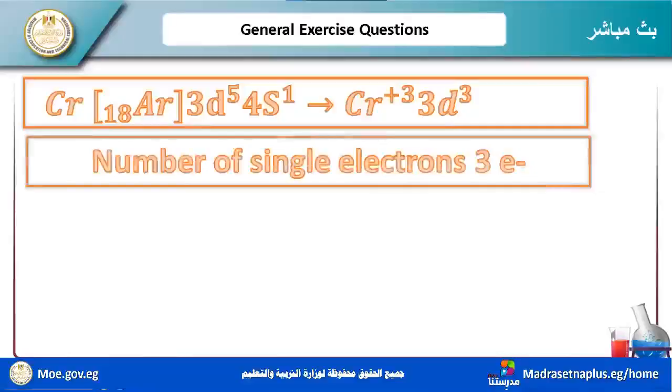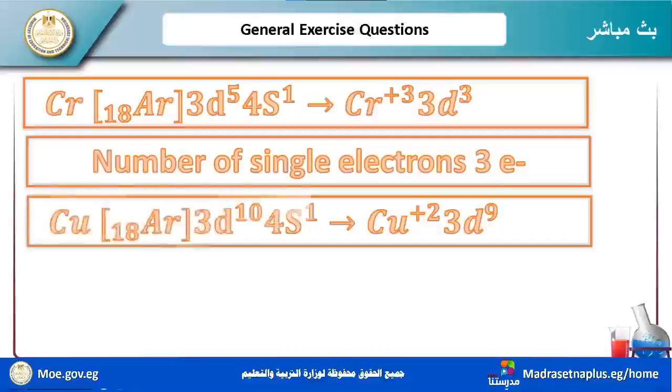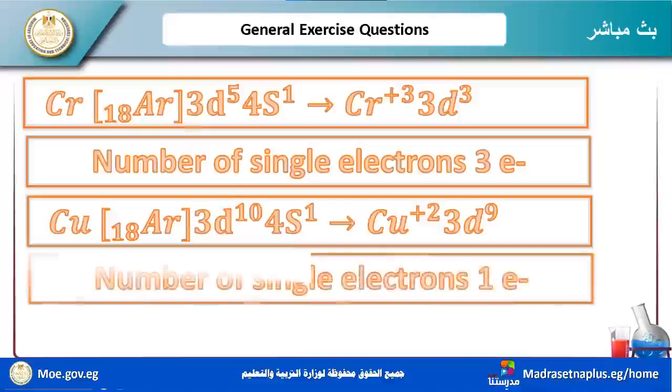Copper atom is 3d10 4s1. Copper plus 2 loses one electron from 4s and one electron from 3d10, so it will be 3d9. The number of unpaired electrons in the orbitals equals 1.